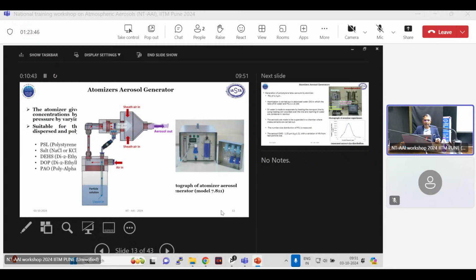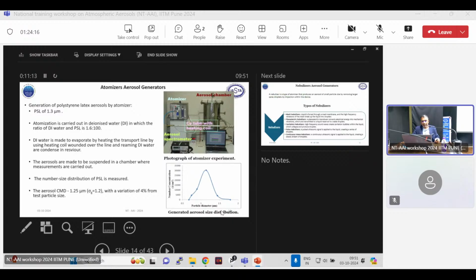Here the principle is the same. The liquid, whether a solution containing particles or just a solution, is transported to the nozzle by the Bernoulli effect, because when high speed flow is there, some vacuum is created. So the liquid goes and is released at the nozzle where the high velocity pressure air is flowing, and it creates spray droplets.